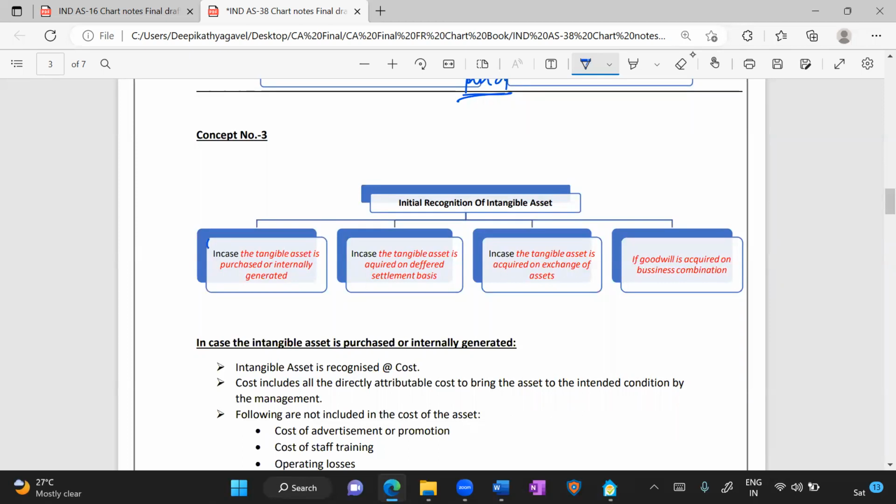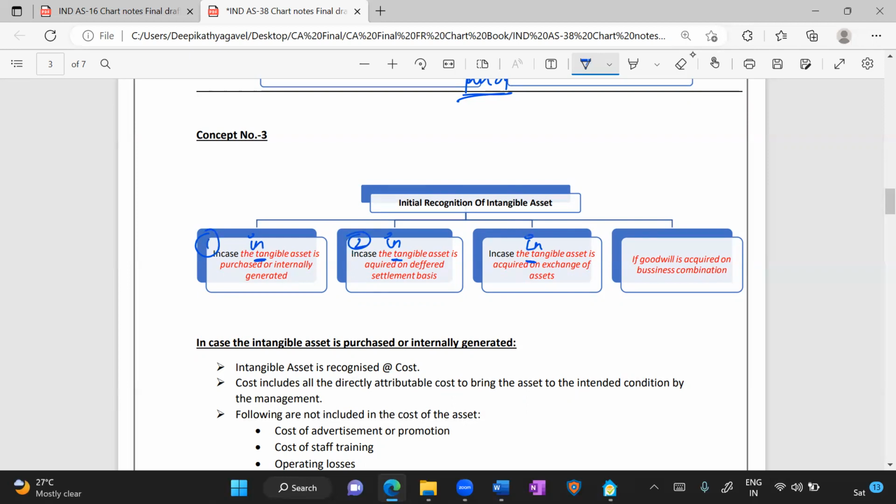The first case, let's look. In case the intangible asset is purchased or internally generated, then how will you do the initial recognition? Case number 1. Case number 2, in case that particular intangible asset is acquired on deferred settlement basis.